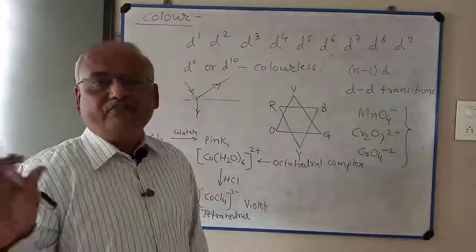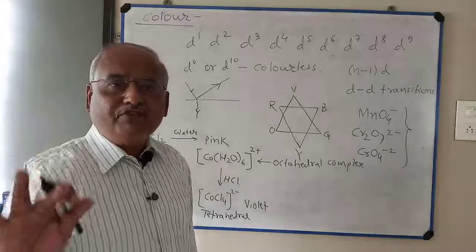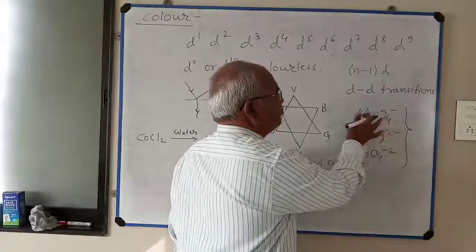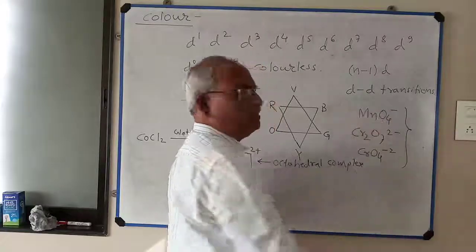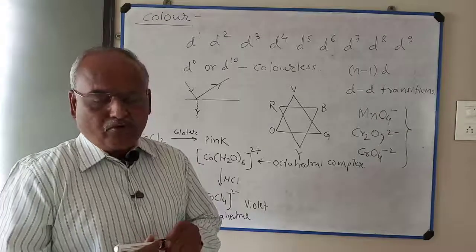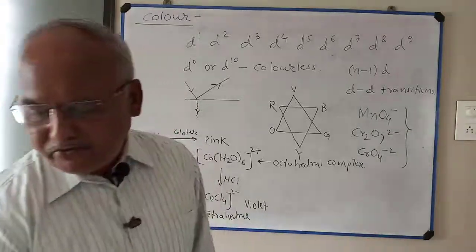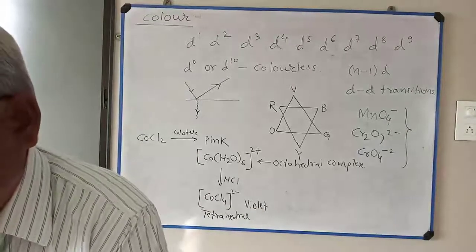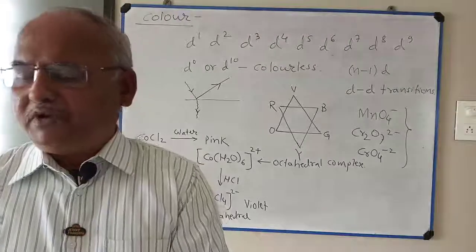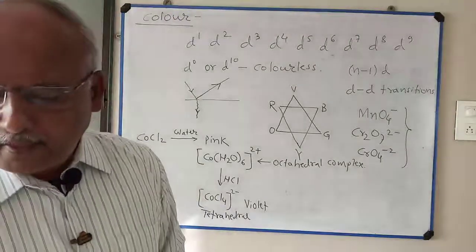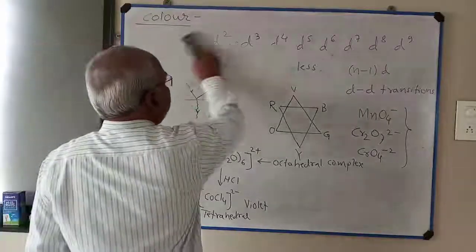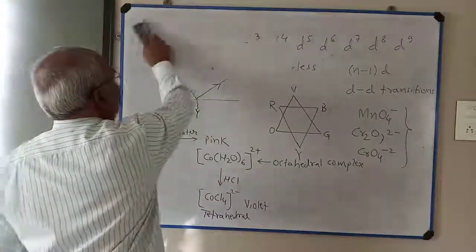The color is due to charge transfer from oxygen to metal. So this is about the color of transition elements. If any doubts, then you can ask me. After studying this, I am going to explain the next property.